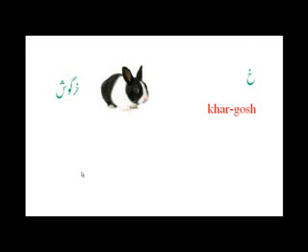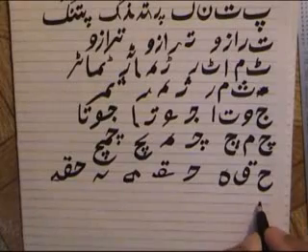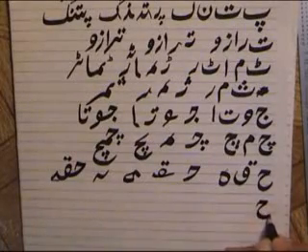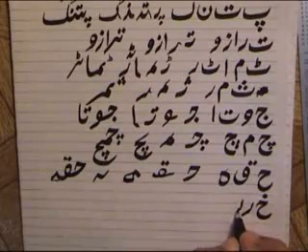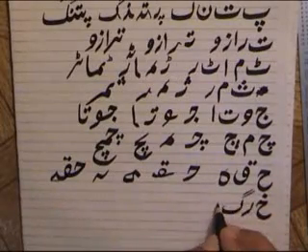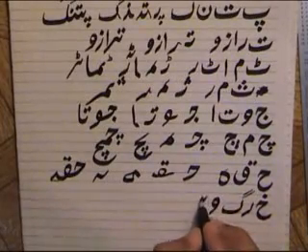Khe khargosh, rabbit. We need khe sound, khar, then re, then gaf, then waw, and then sheen.